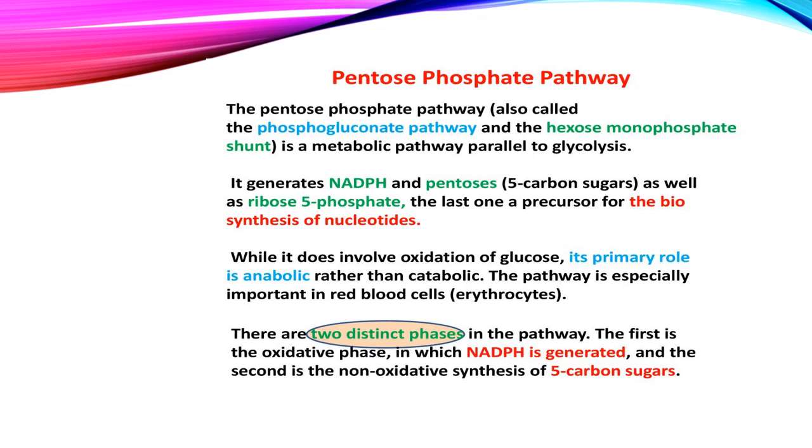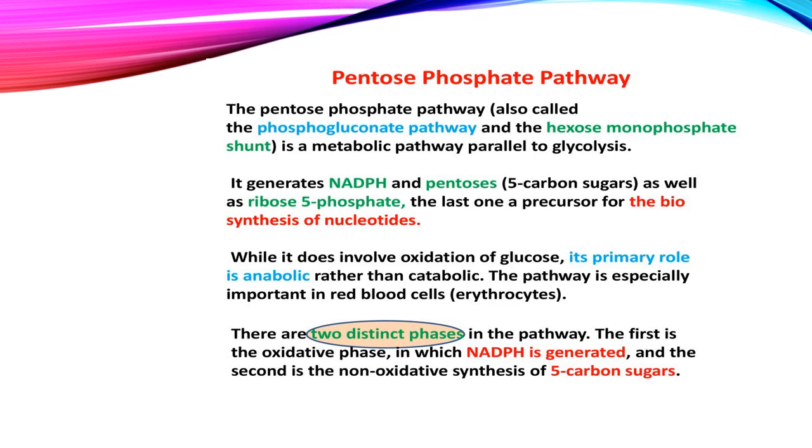It involves the oxidation of glucose, and mainly it is anabolic rather than catabolic, whereas glycolysis was catabolic and pentose phosphate pathway is anabolic. The pathway is very important in red blood cells as well as liver.